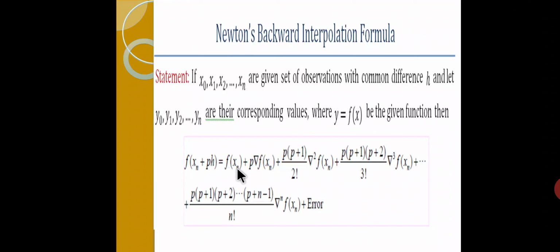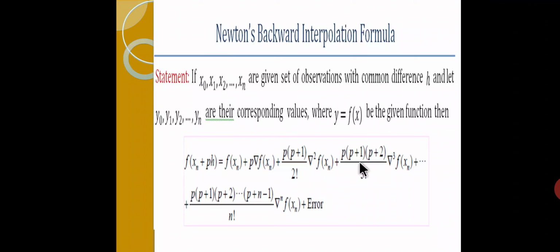Here f of xn is the initial value, the end value in the entries, and nabla f of xn, nabla square f of xn, nabla cube f of xn are values we consider from the difference table. We apply this backward interpolation formula when the required point is close to the end of the tabular values.